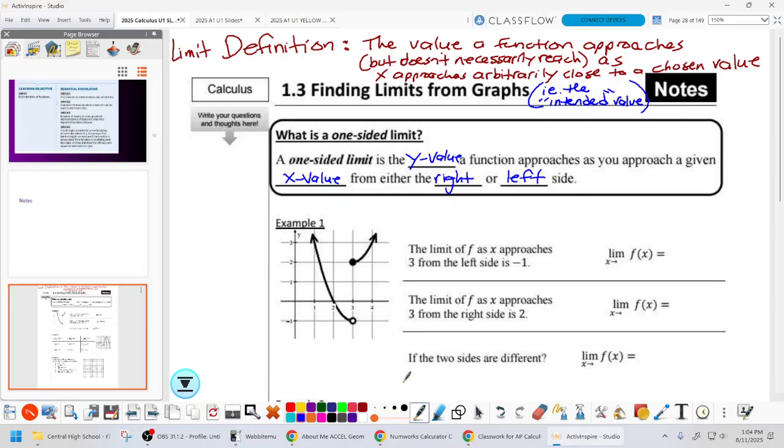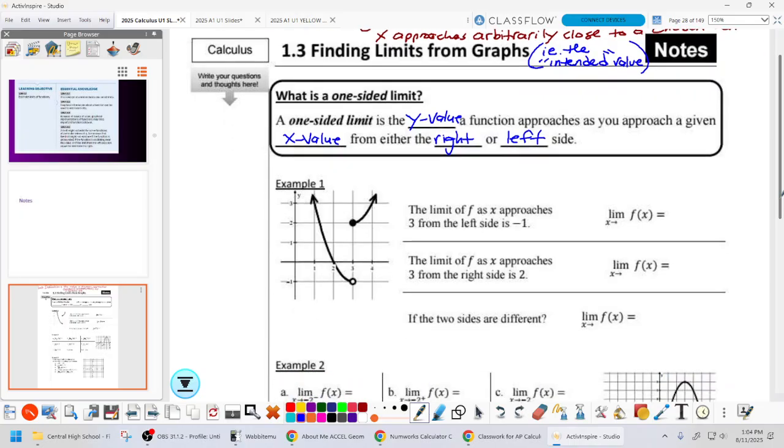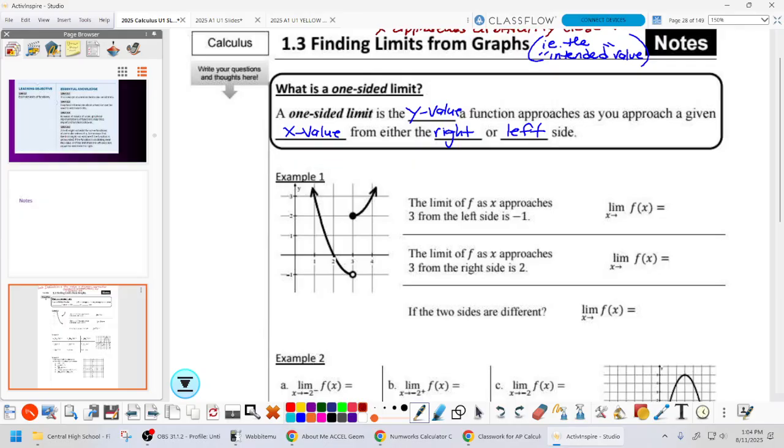Okay, next. This is going to help you sort out the warm-up. For a limit to exist, we have to meet a couple of conditions.